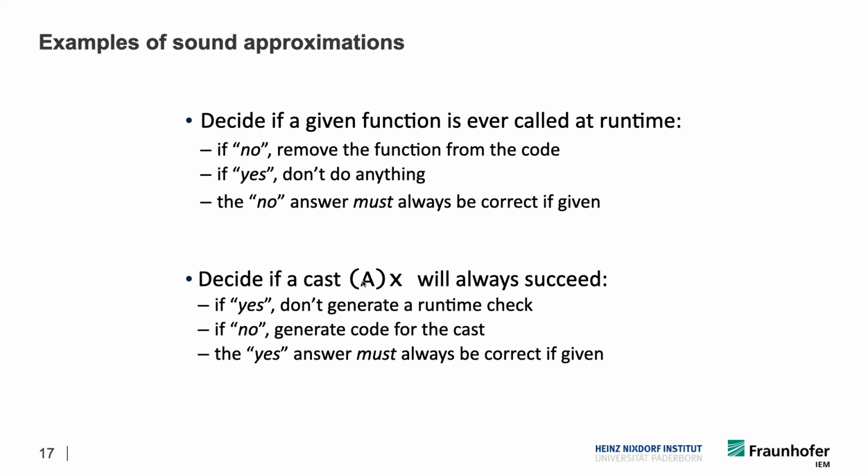But we really want to make sure that this yes is actually correct, because otherwise you could be generating type-incorrect programs that at runtime propagate objects to memory locations that were never prepared to hold objects of that type. And then you can actually have vulnerabilities that exploit such incorrect typecasts. So here the yes answer must always be correct if given.